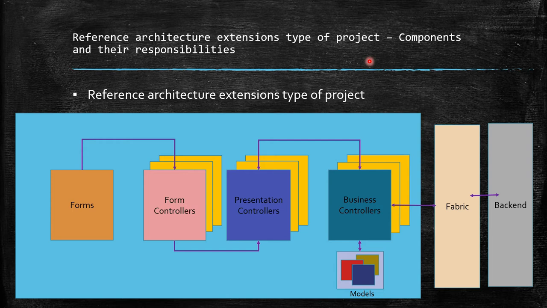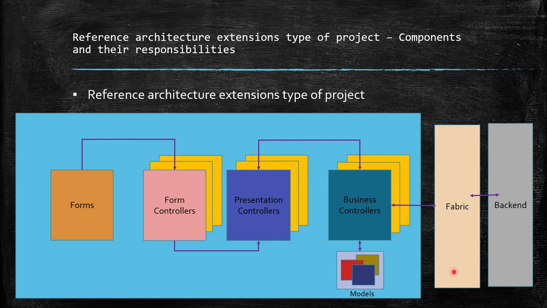We also understood that such a project has components such as forms representing the UI screens inside the application, form controllers which have the implementation of functionalities for every action that the user performs on the form, presentation controllers and business controllers, which are part of the reference architecture extensions components, and the models which have the references to the object services created inside Fabric.